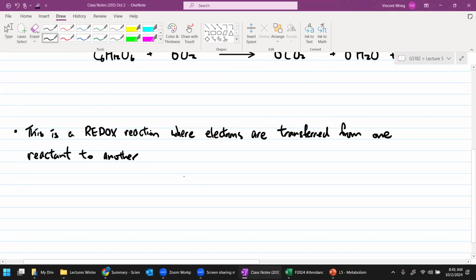So let's break the word down. Redox. Okay, so re here, that stands for reduction reaction.